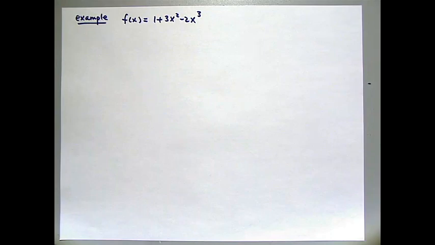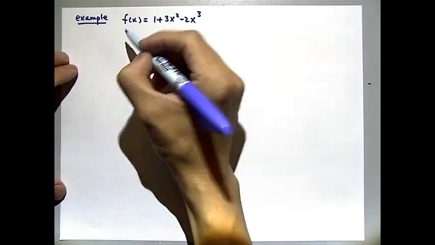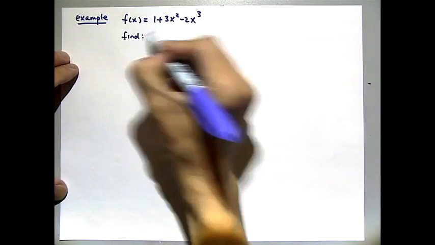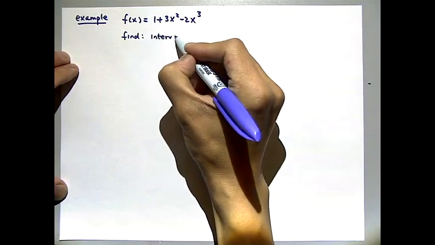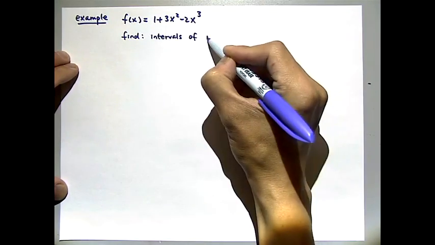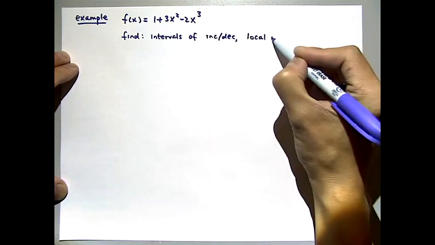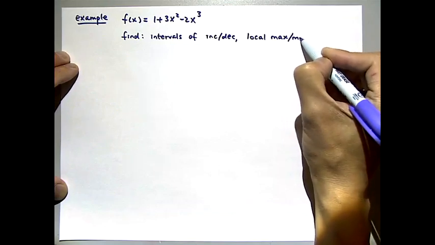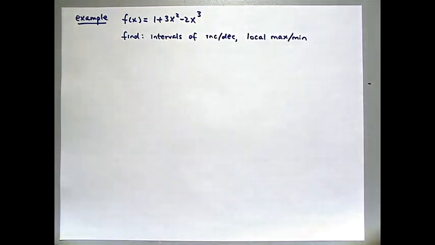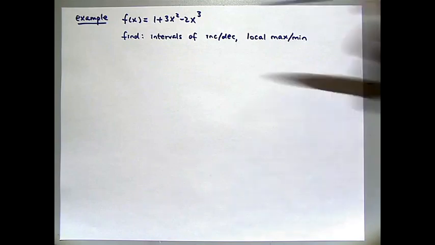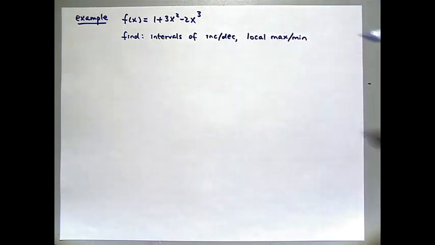Okay, so let's find out on what intervals this thing is increasing, on what intervals this thing is decreasing. And once we know that, we actually automatically know where the local max and min can be, just by looking at the sign change.